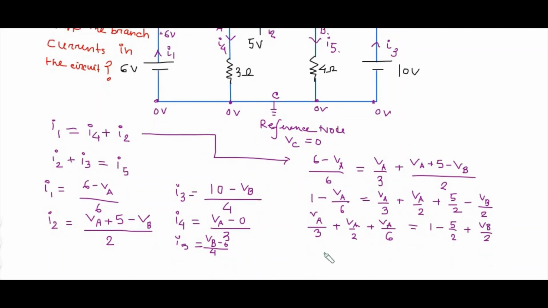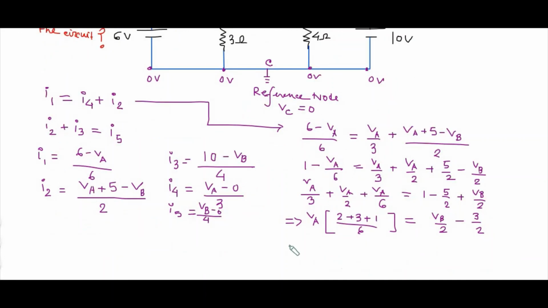Taking common, it is 2 plus 3 plus 1 upon 6, VA into 6 upon 6, equal to VB by 2 minus 3 by 2, that is 1 by 2 VB minus 3. So from there we can write 2 VA equal to VB minus 3.